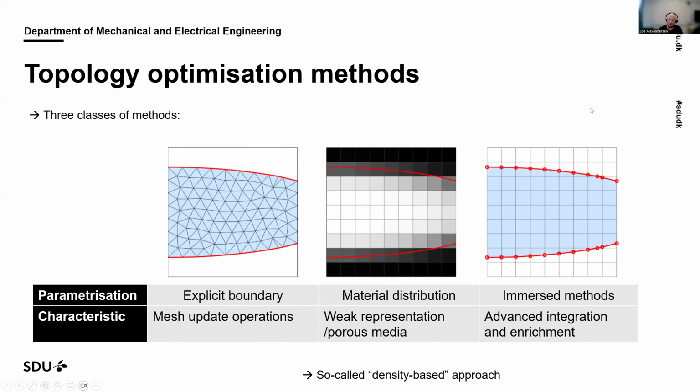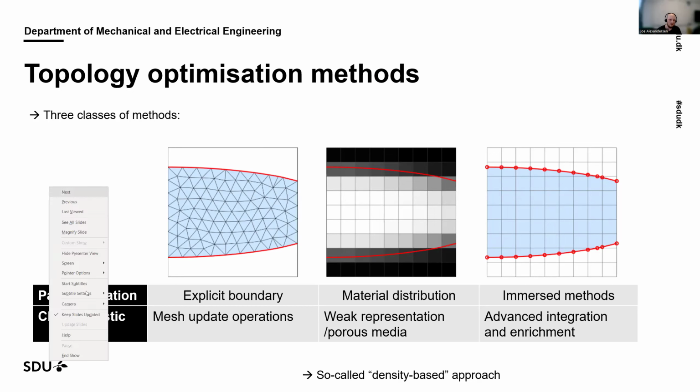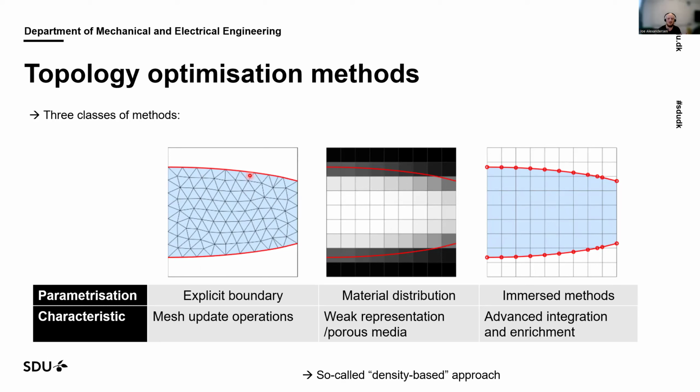In all topology optimization, but in particular in fluid topology optimization, we have some different design parameterization cases. What we're used to in classical engineering is an explicit boundary. We have our geometry, that's what we mesh. We mesh the fluid channels and simulate the fluid inside those channels.